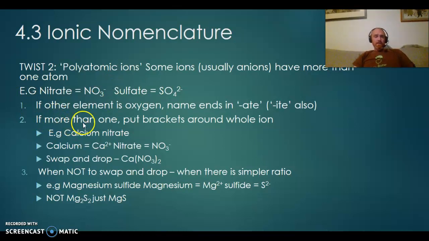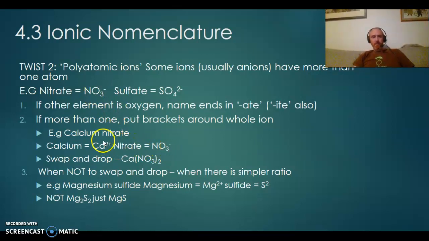If we're writing names, if there's more than one, you put a bracket around the entire ion, the whole ion. For example, calcium nitrate, 2 parts. Calcium is Ca2 plus. We could find that in our table, or we might know that because calcium is in group 2, and nitrate is NO3 minus.